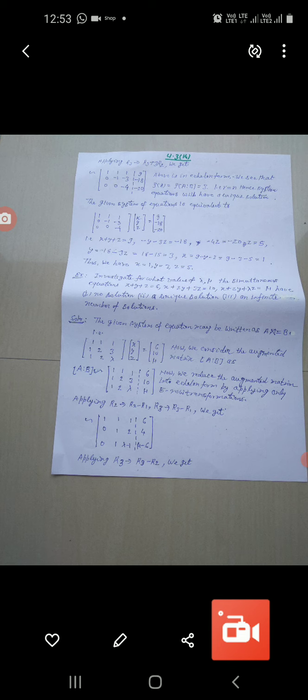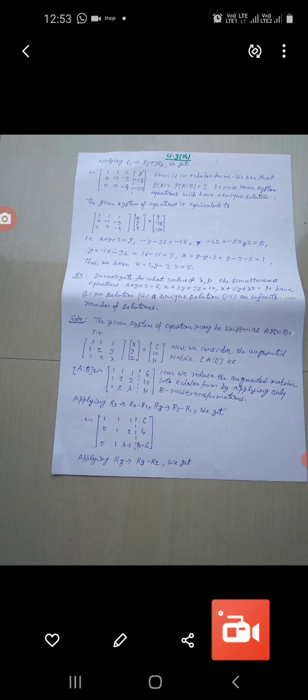So we see that y is equal to 18 minus 3z, that is 18 minus 15, that is equal to 3. Similarly, x is 9 minus y minus z, and this means 9 minus 3 minus 5, that is equal to 1.